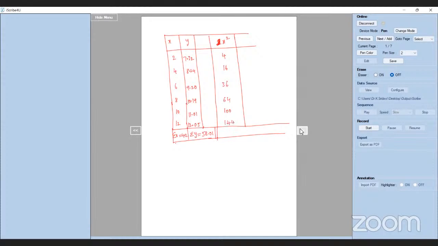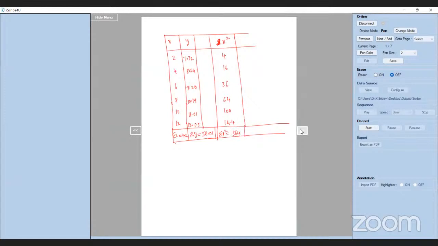Summation x square is nothing but sum of all the x square values. 364.